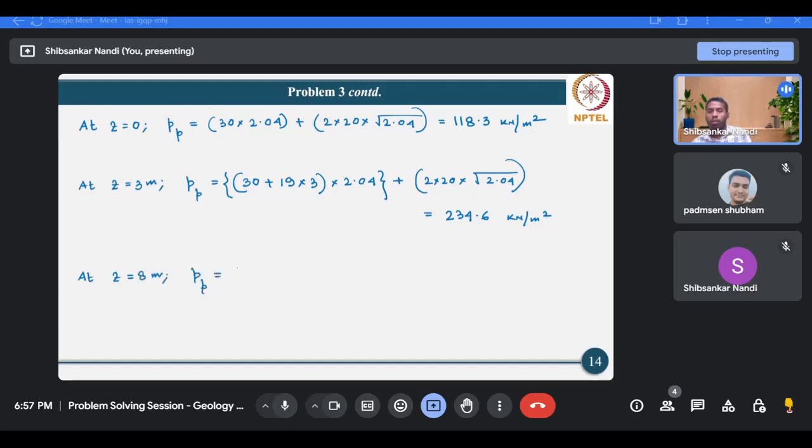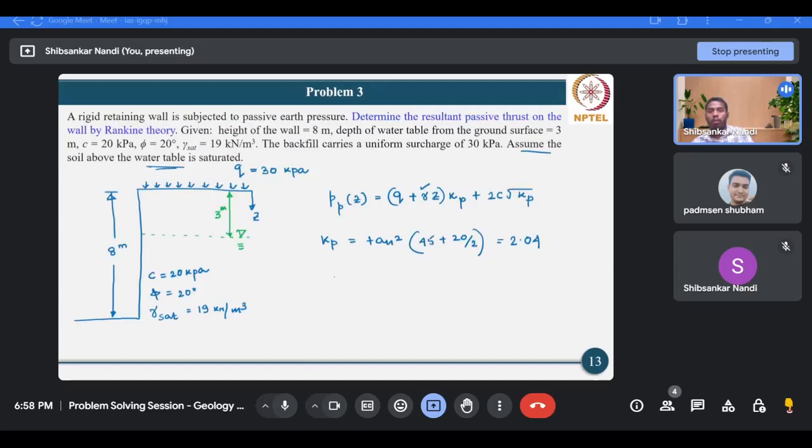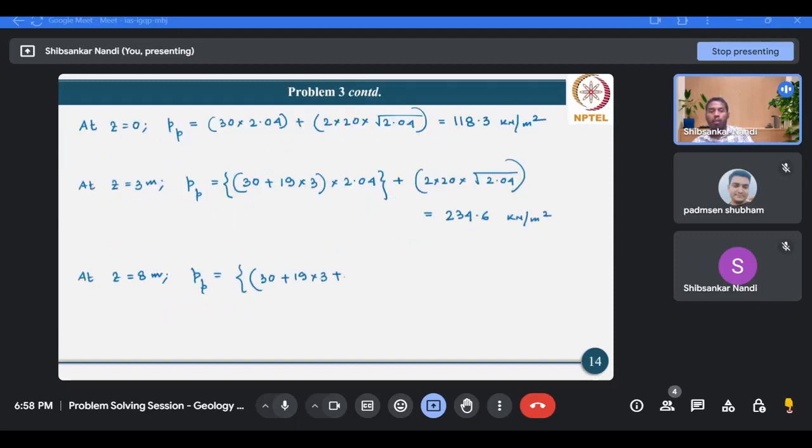Now we'll calculate the Pp value at the base of the wall, that is 8 meters. So Pp will be 30 plus, and now we have to calculate the overburden in a part by part fashion. For the soil mass above water table, it will be 19 multiplied by 3, and below water table it will be 9 multiplied by 5, multiplied by 2.04, plus the cohesion term, plus the water part, that is 10 multiplied by 5.